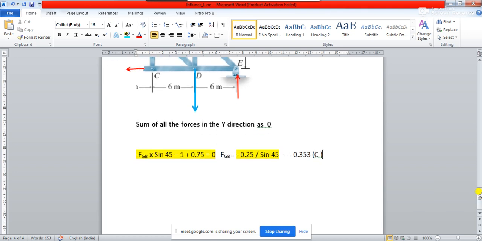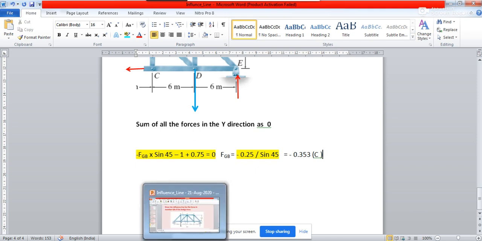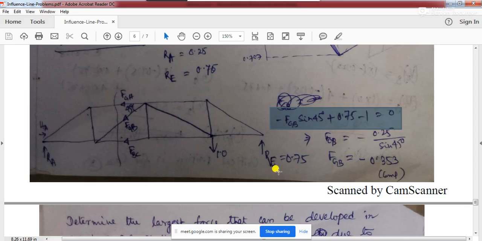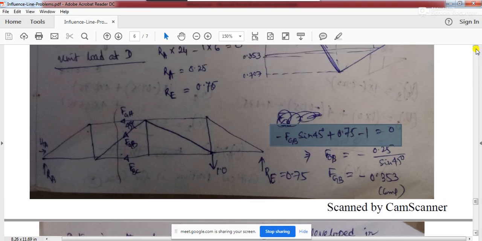Now if we plot them, then we will be getting the influence line diagram for the truss member GB.